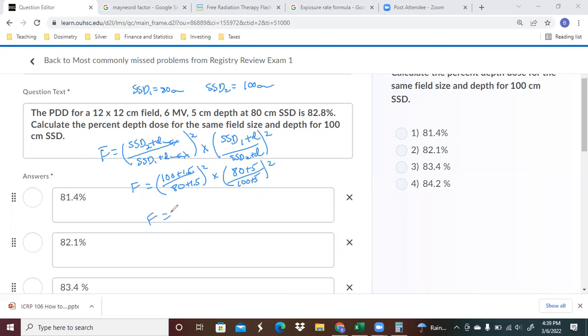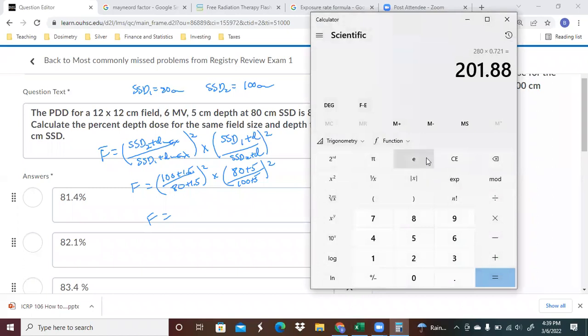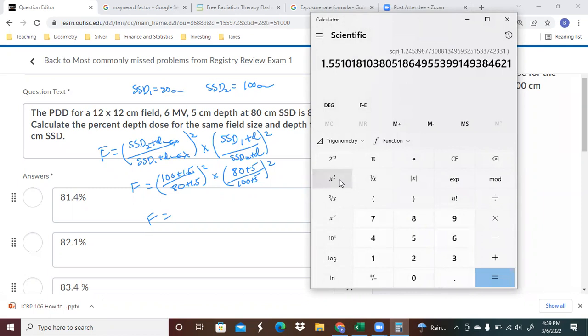Okay, so let's see what these values are. So 100 plus 1.5, that is divided by 81.5. When you add those together and square it, you end up with something that's close to 1.55.